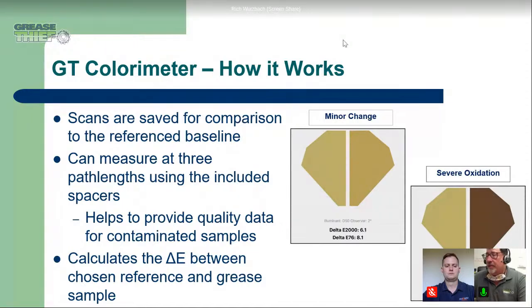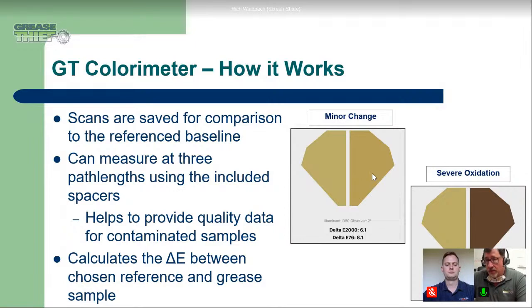You can see a minor change here, where the left side of this little diamond shape shows what the grease looks like new going into the machine. The right side shows it after some period of time. The tower climb comes up, the sample is taken with the kits, and you can see there's a very small change in color.